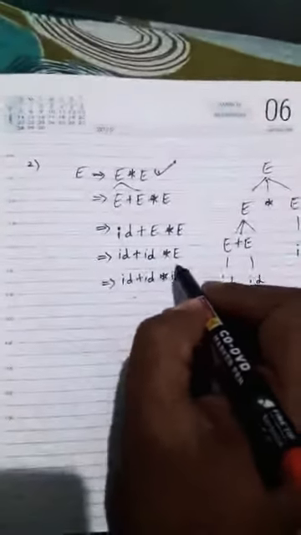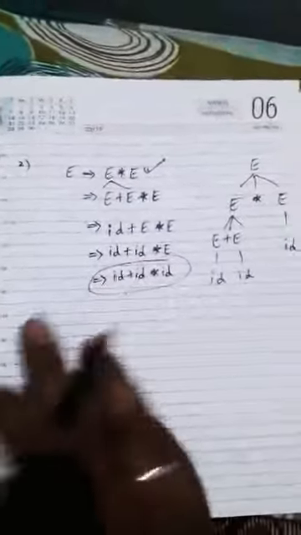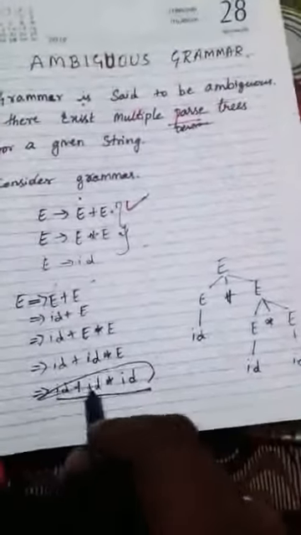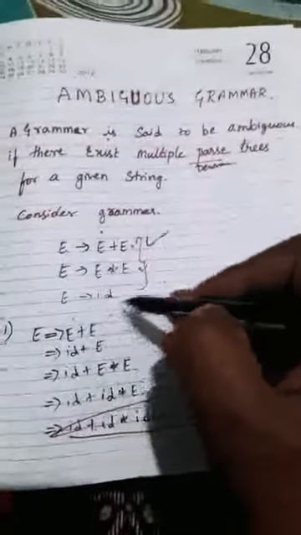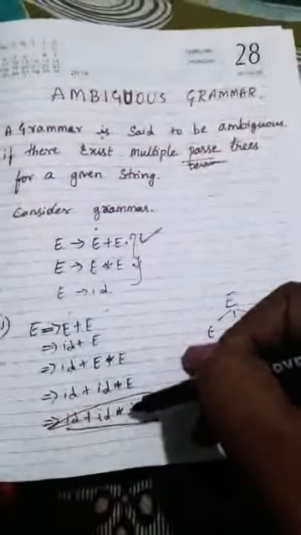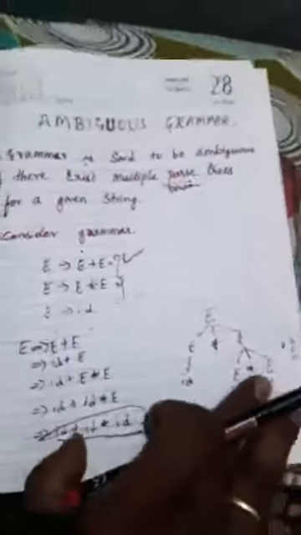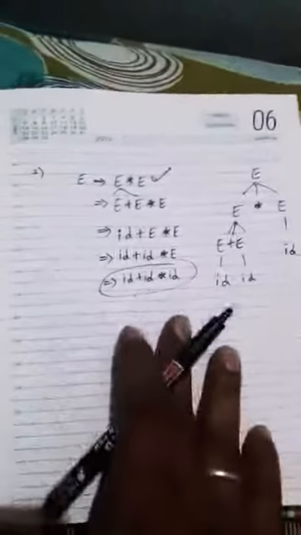Finally, the string you are getting in both the examples is the same. And I am using this grammar only to get the strings. But their derivation trees are different when you are using such productions. Hence we say it is ambiguous.